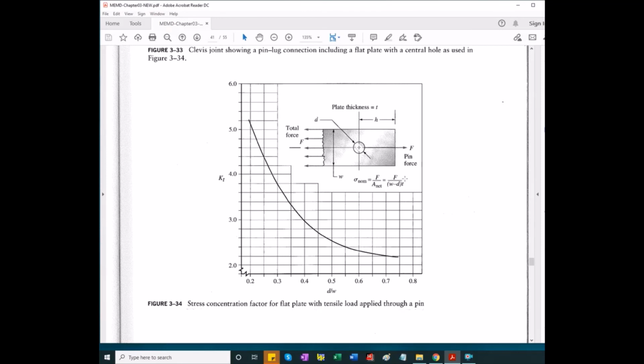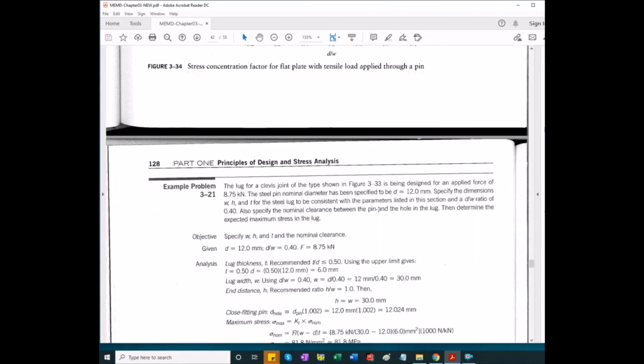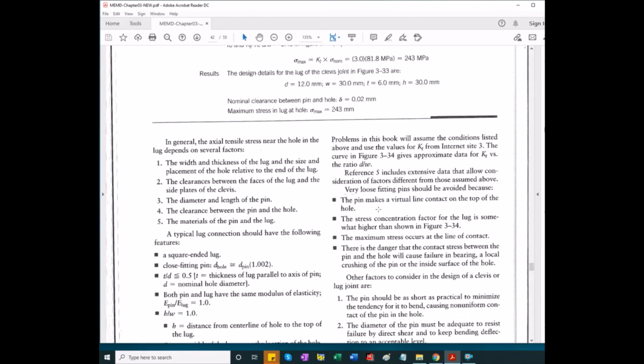It takes as the transverse area the minimum area, that is the original section minus the projected area of the hole, and depending on a ratio of hole to width, you can find the stress concentration factor that multiplies the nominal stress. Again, this is not available at the back of the book, and was not discussed, I believe, in the strength book.